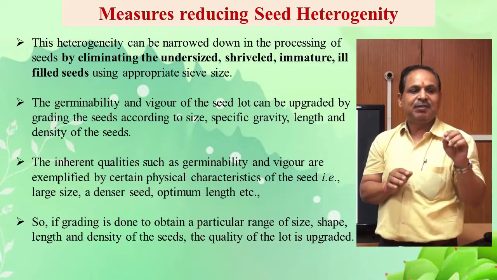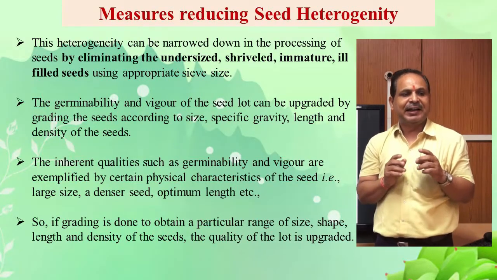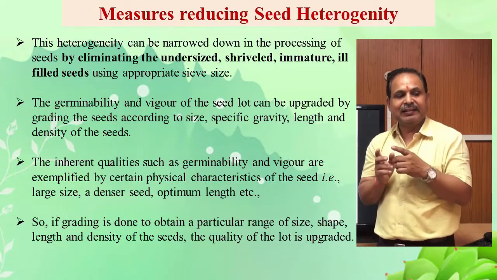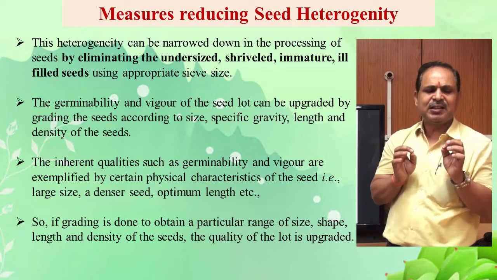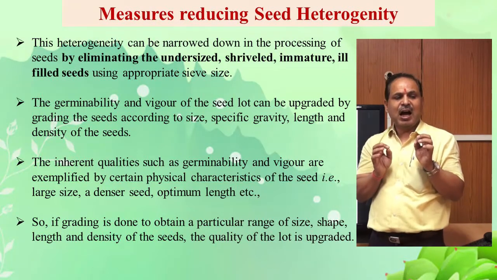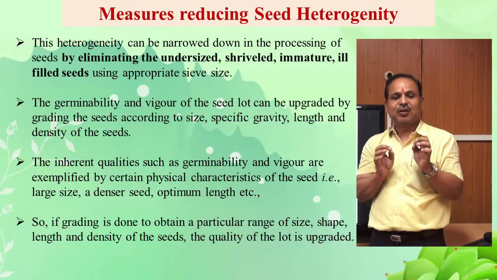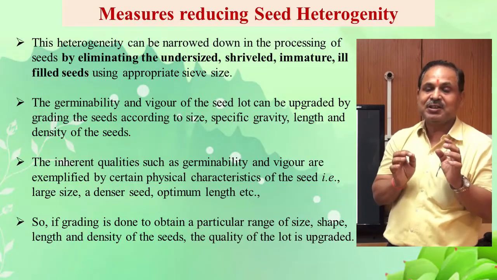The germination and vigor of the seed lot can also be upgraded by grading the seeds according to size, specific gravity, length, and density of the seeds. The inherent quality such as germination and vigor is also exemplified by certain physical characters of the seeds, that is, larger seeds, denser seeds, and optimum length of size.